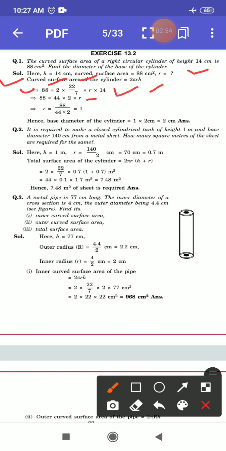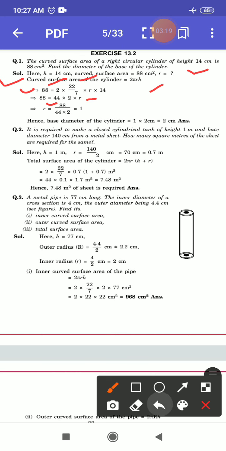Then what you have to do: 7 is in the form of divide, so 7 cuts with 14, 7 into 14 is 2, and 22 into 2 is 44, and then into multiplied by r.